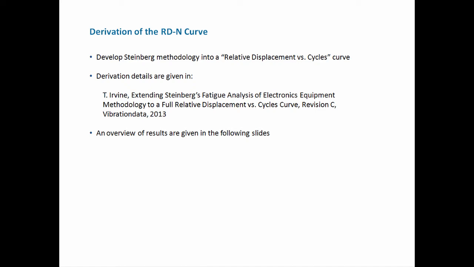An SN curve has the stress along the y-axis and then the number of allowable cycles at that stress level on the x-axis. Well, for this curve, relative displacement is going to be the y-axis, and cycles is going to be the x-axis.